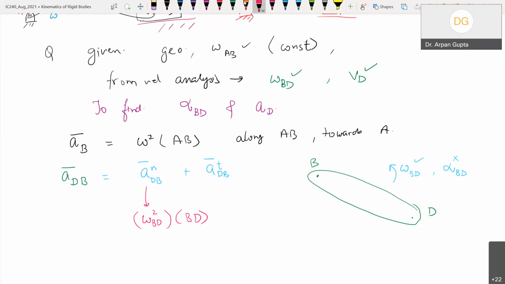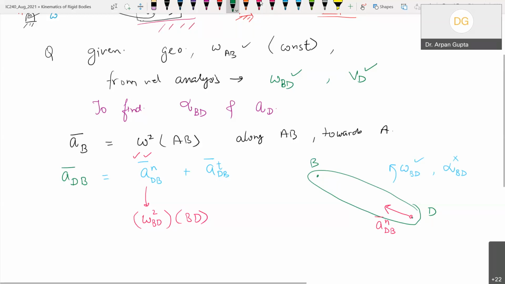This is the normal or centripetal acceleration of point D with respect to point B, directed towards the center. So this is ADB normal. And this is completely known. I know the direction, I know the magnitude, right? Both things are known.